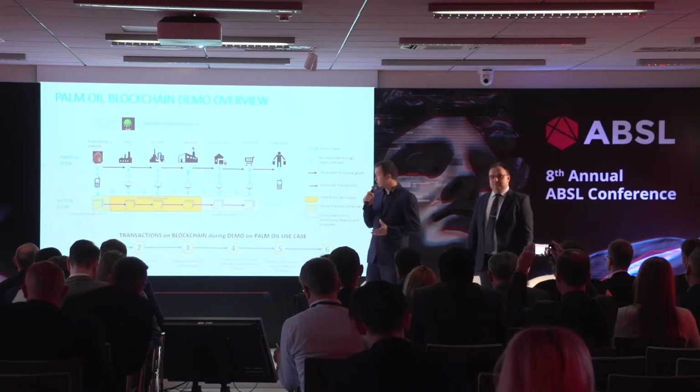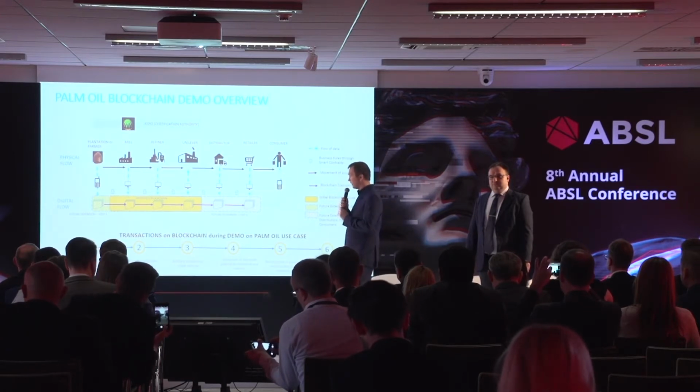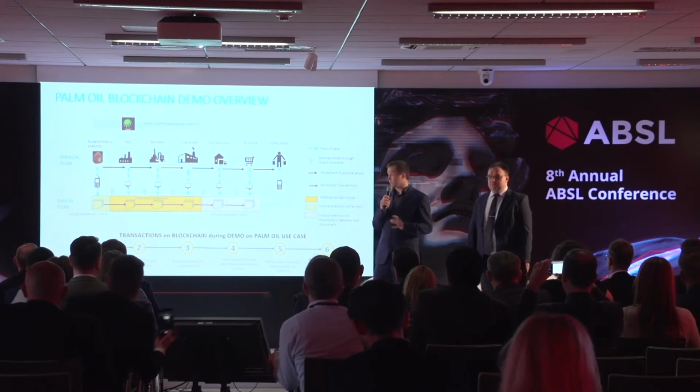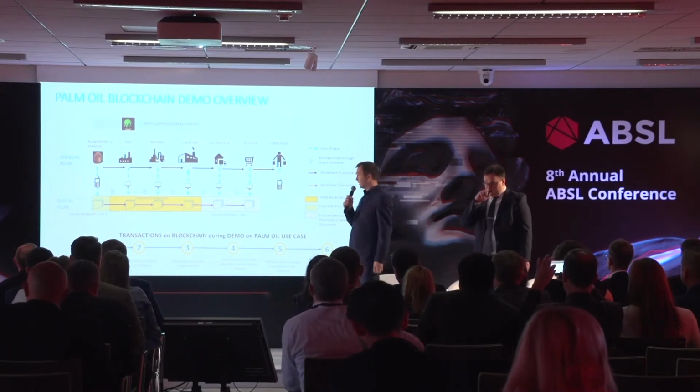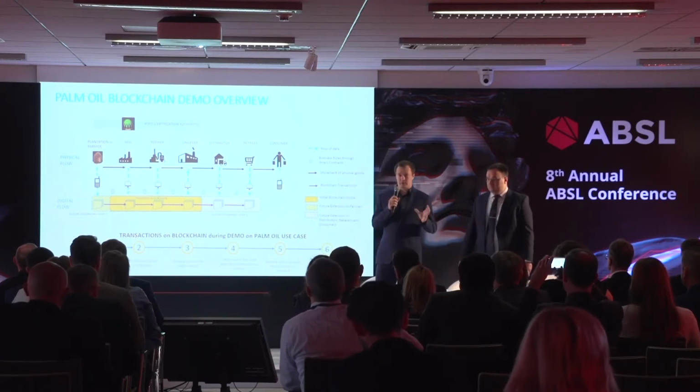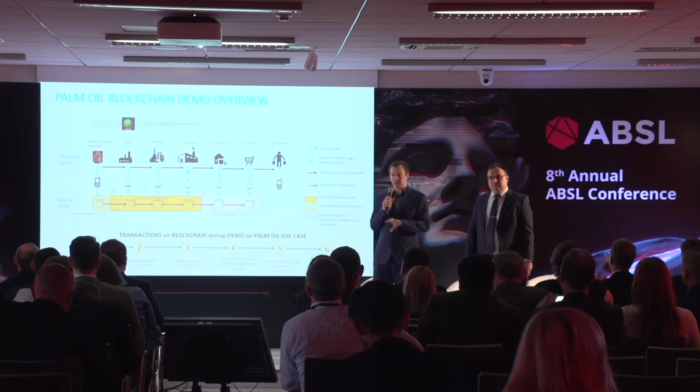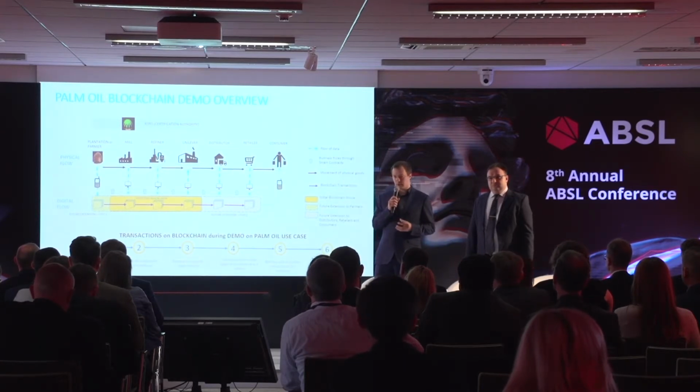So as you can see here, there are a few parties that are part of this process. Starting from the plantation or farmer, the goods go to the mill somewhere in Asia. From the mill, it goes to the refiner. The refiner can be either in Asia or we can bring the crude oil into Europe and refine it here.